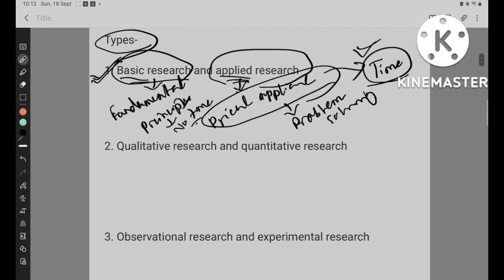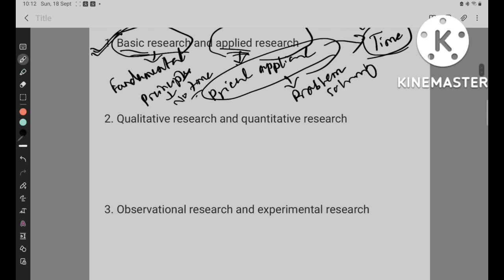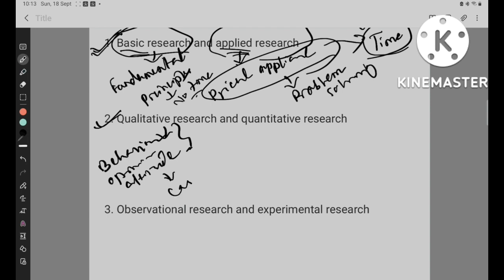Another classification is your qualitative research and quantitative research. The qualitative research includes variables like behavior studies or the opinions or attitudes of people. These are all qualitative research, where we cannot measure in numbers. So these are all kinds of case studies.